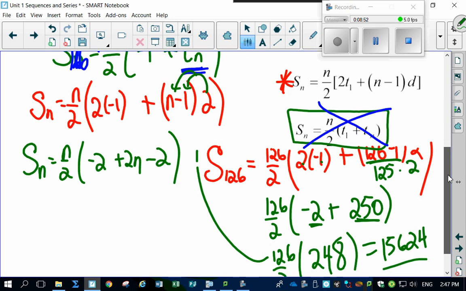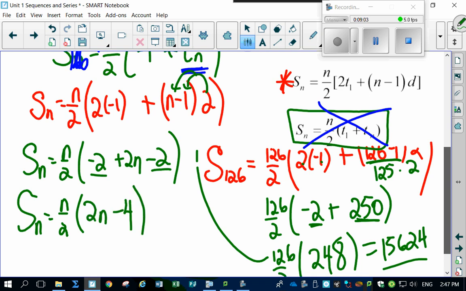Look at the formula. Sn equals n over 2 times, minus 2 and minus 2 gives you minus 4, so you've got 2n minus 4. There's the general formula. Much, much nicer, where you don't have to figure out any terms. All you need to do is know n.